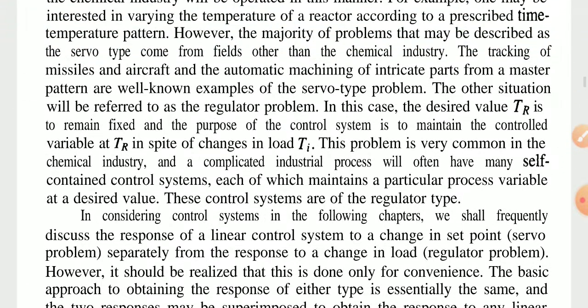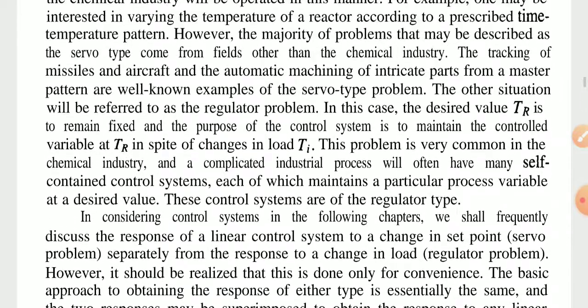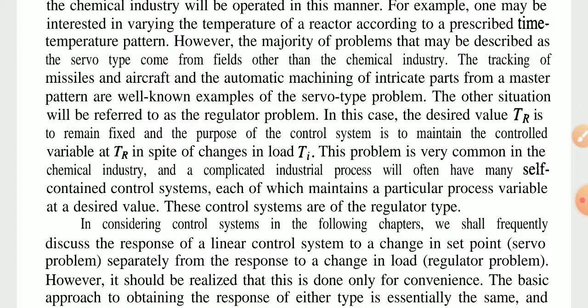Okay, the desired value TR remains fixed. The purpose of the control system is to maintain the control variable at TR despite changes in the load TI. This problem is very common in the chemical industries, and a complicated industrial process will often have many self-contained control systems, each of which maintains a particular process variable at a desired value.